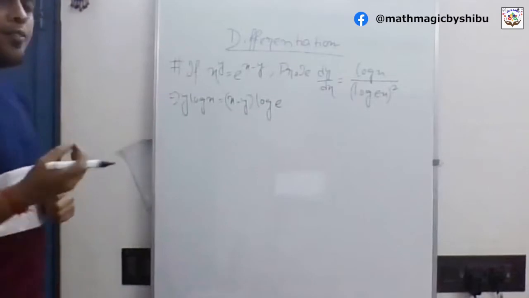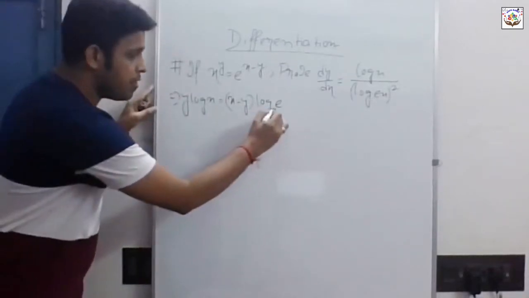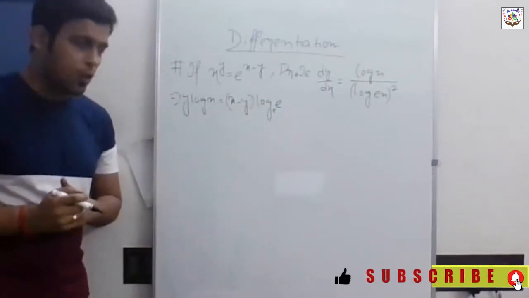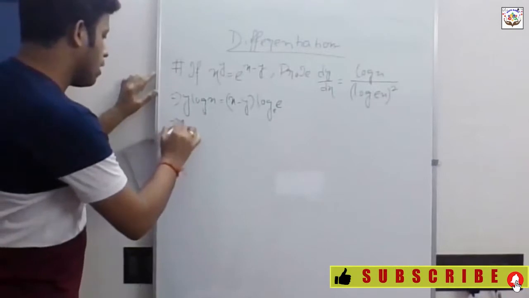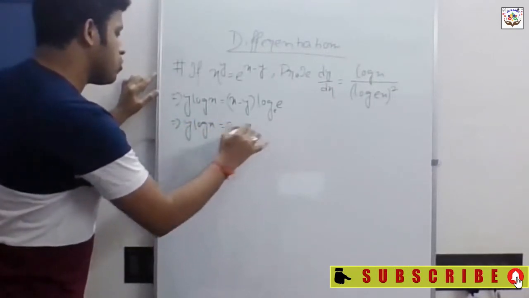As we know, by default the base of the log is e, so log e to the base e will be equal to 1. So y log x would be equal to x minus y.